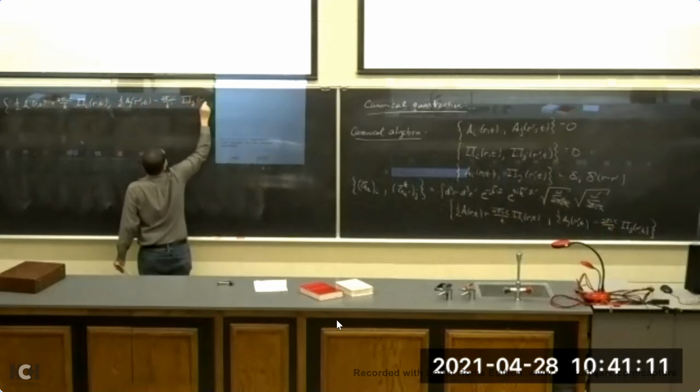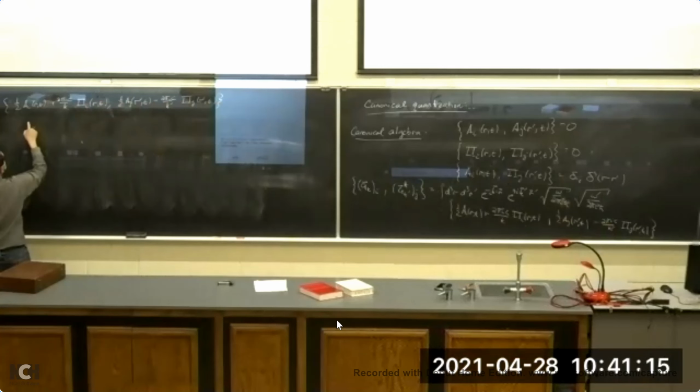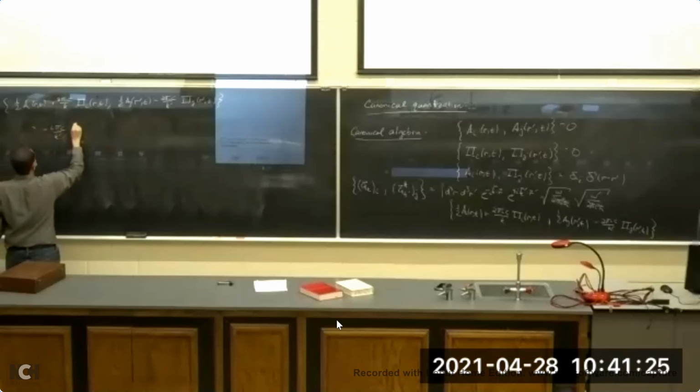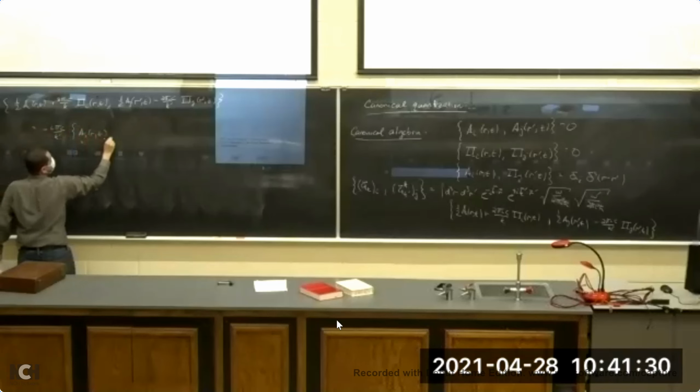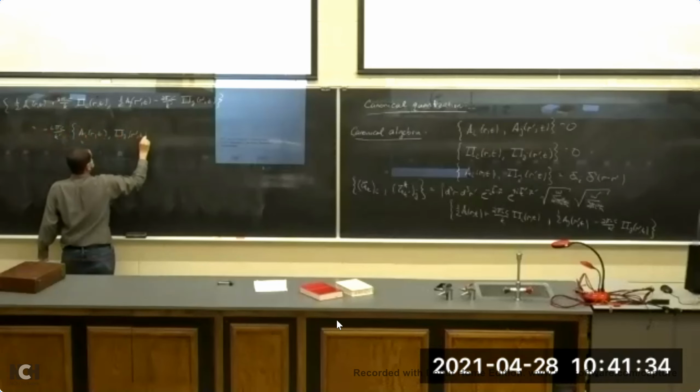Pi sub j of r prime and t. The only ones that are non-zero are the cross terms. So the cross terms are, let's see, this a and that pi gives me minus i pi c over k prime, Poisson bracket of a_i of r and t with pi_j of r prime and t.